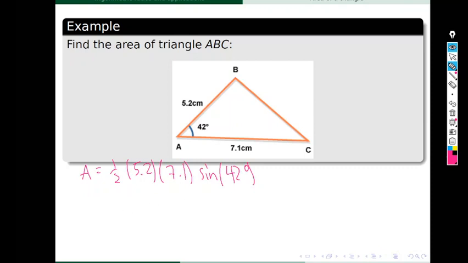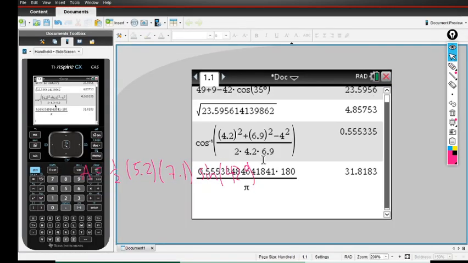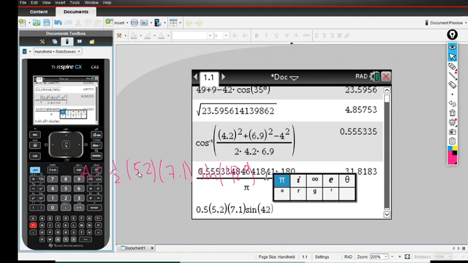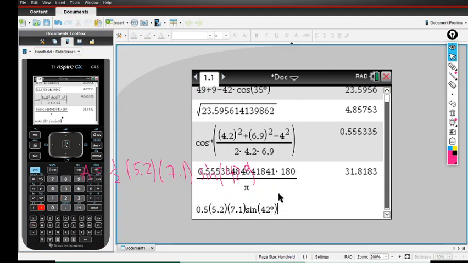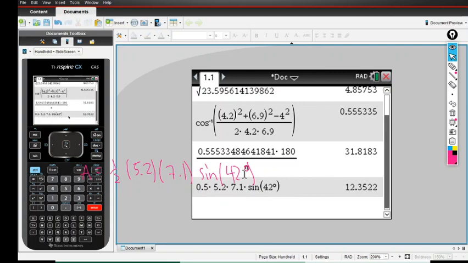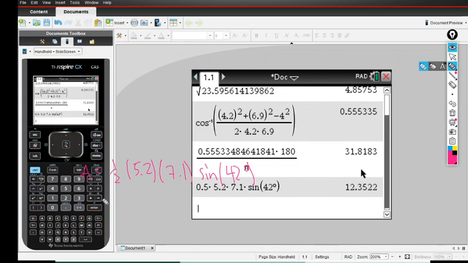We don't have any exact values here, so we put it in a calculator: 0.5 times 5.2 times 7.1 times sine of 42 degrees. I need to put it in degrees mode. Anyway, the area must be 12.35, thereabouts.